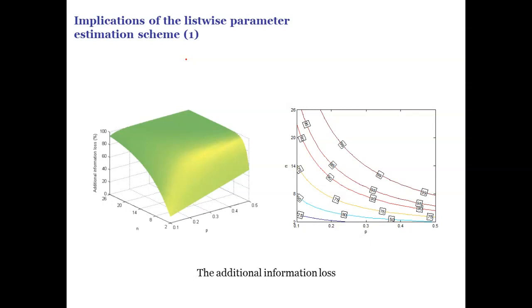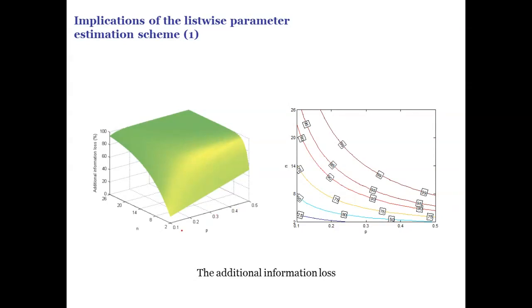Turning to this listwise scheme, we may have this additional information loss. So the vertical axis shows the additional information loss, and the two horizontal axes: this one shows the number of critical locations, and this axis shows the probability of missingness at a specific point.